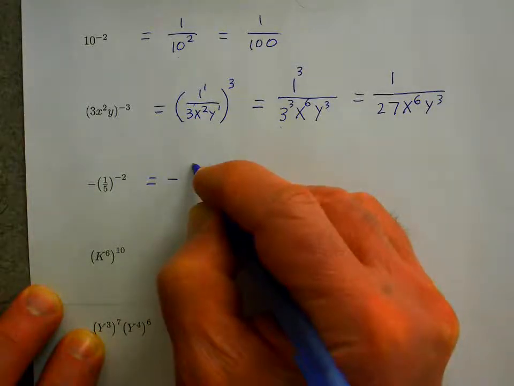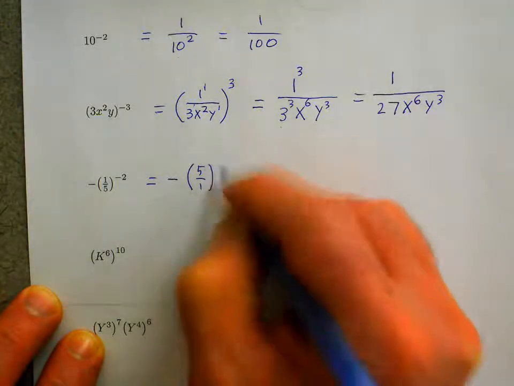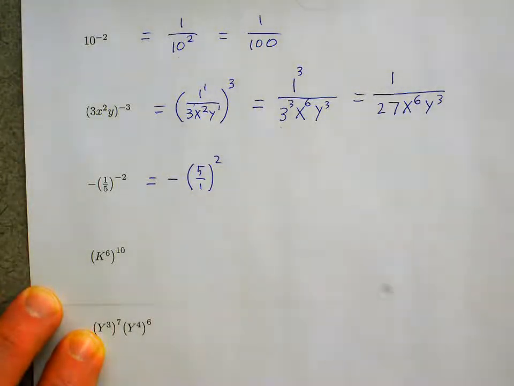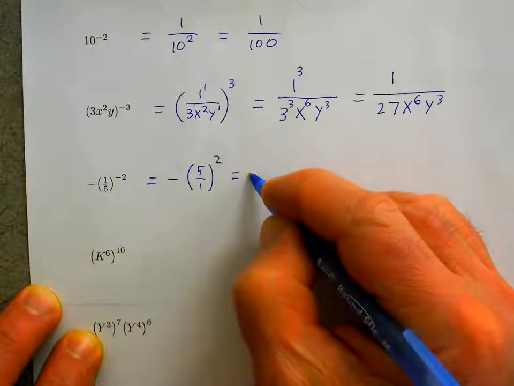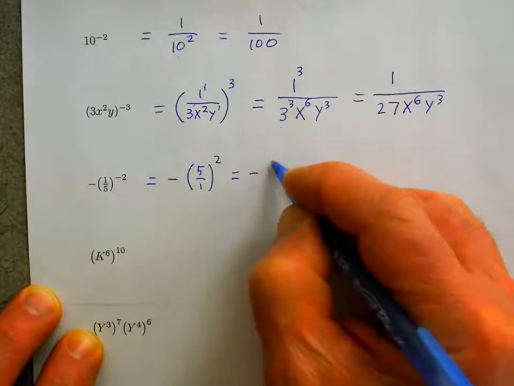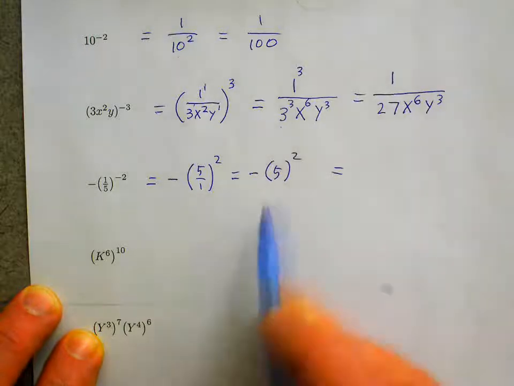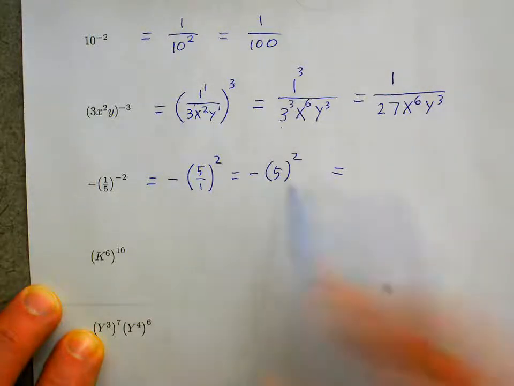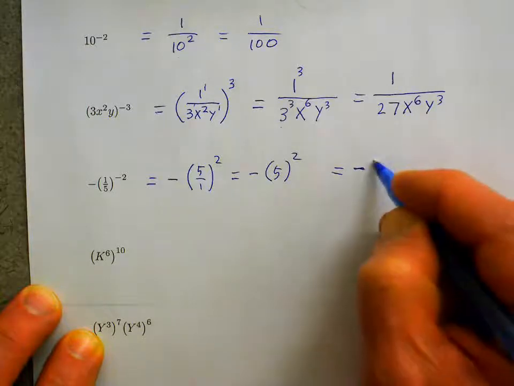But 1/5 to the negative 2 is 5 over 1 to the positive 2. And 5 over 1 is just 5. So I'll throw in that extra step. This is the negative of 5 to the second. We evaluate the exponent and then apply the negative, so we get negative 25.